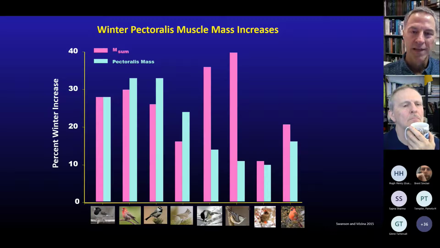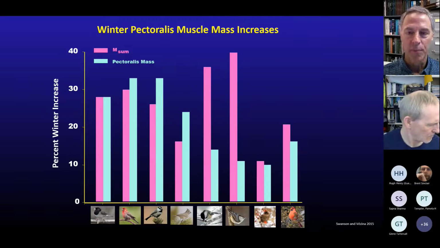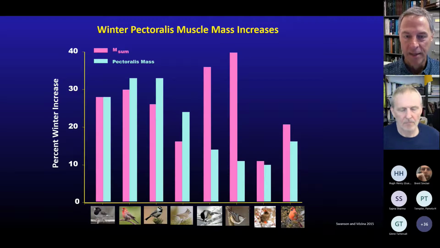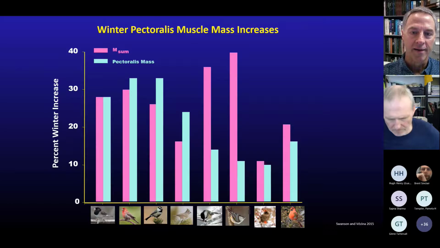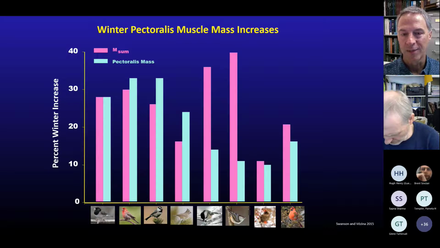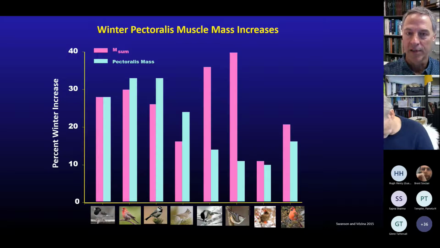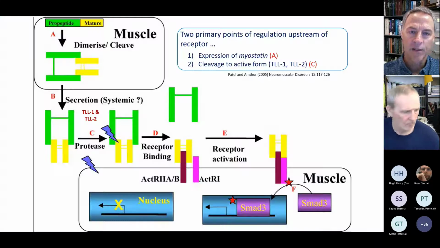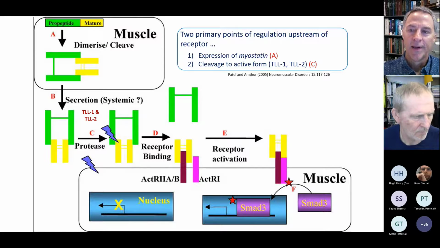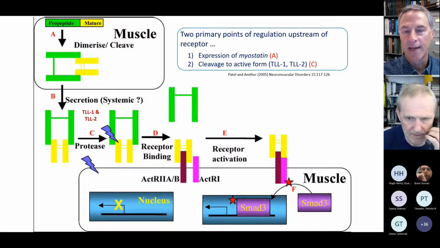Now, there's some more recent data that suggests that maybe the picture isn't quite that tidy, but still the upshot of this is that having larger pectoralis muscle masses benefits your heat production capacity in terms of your summit metabolic rate. And so the next question we ask is, how is this muscle mass change regulated?